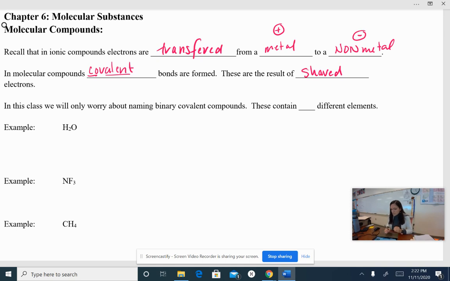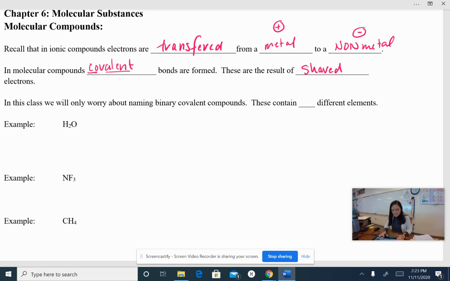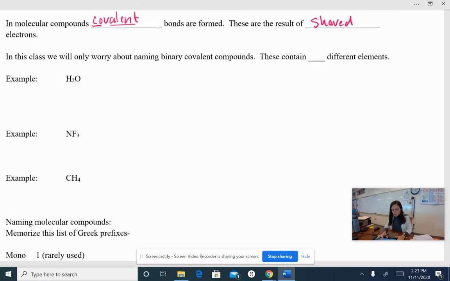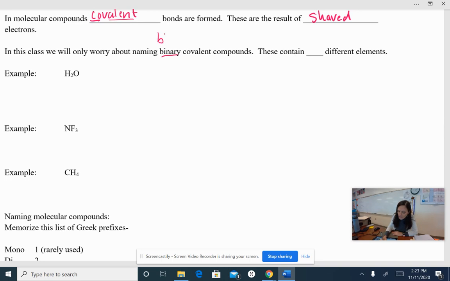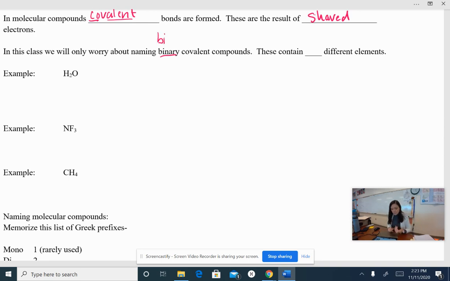And by shared electrons, I mean those electrons that are shared actually orbit both nuclei of the atoms that are sharing those electrons. So the electrons orbit both atoms. Okay? In this class, we are only going to worry about naming binary covalent compounds. Now, in Latin, or Greek also, bi means two.